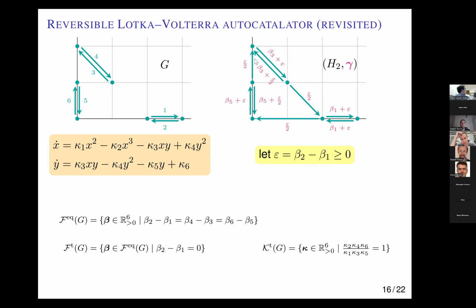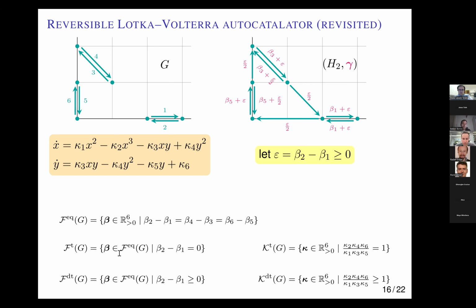Then it is absolutely easy and straightforward to check that this flux leads to dynamically equal fluxes to the fluxes here, to the betas here. And the second one is going to be a vertex balanced flux. For example, here you see the outflux is epsilon over 2. This also goes out, beta 3 plus epsilon over 2. That's a total of beta 3 plus epsilon. That's exactly what comes in. So indeed, outflux equals influx.